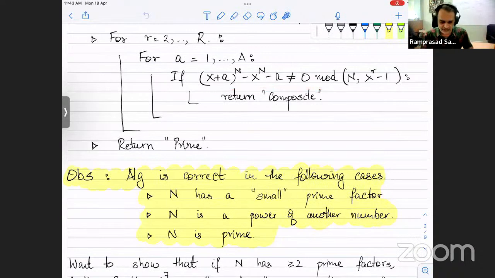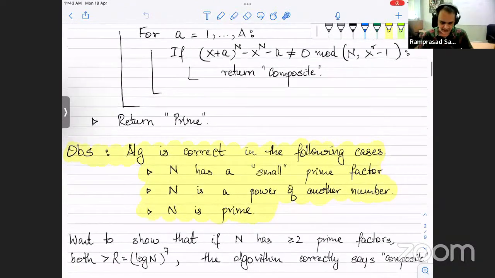One of these things must be non-zero mod n and x^r minus 1, and that's what we want to argue. So the rest of the argument is going to say, let's pick an n that supposedly has at least 2 prime factors, both of which are this large, but somehow the algorithm is magically returning prime. And we'll want to say that no, this can't happen. There is some contradiction here.